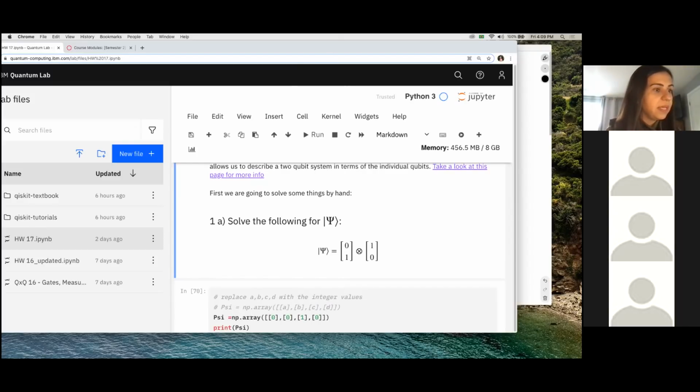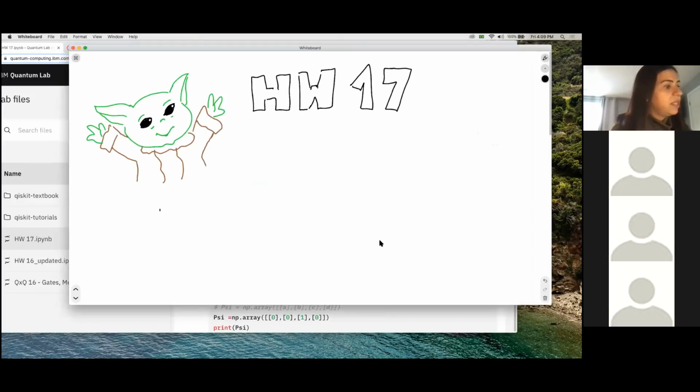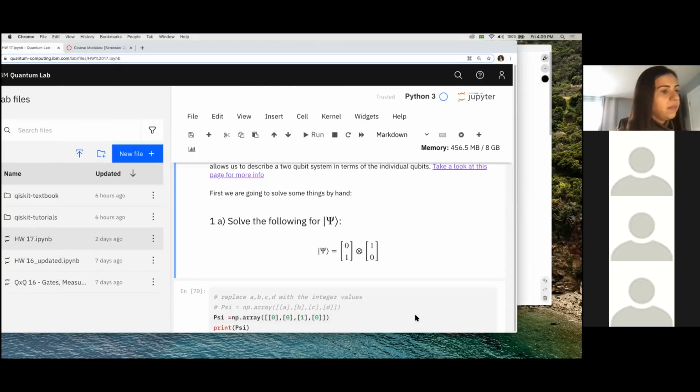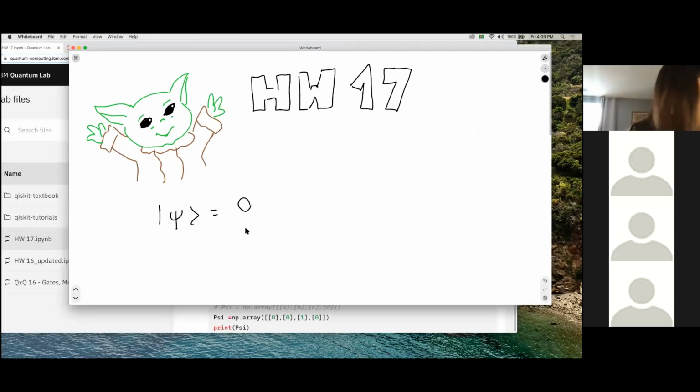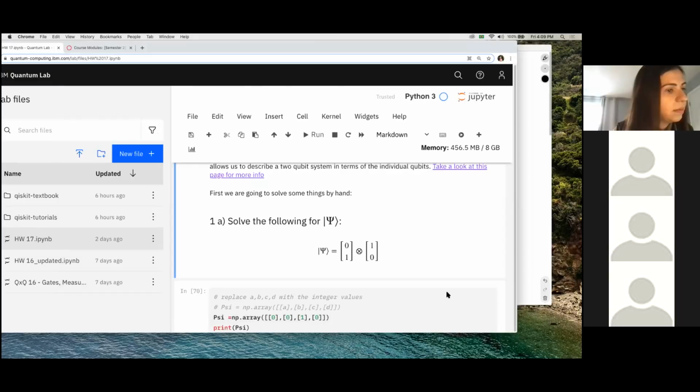First we're going to write the state psi, which is given by 0, 1 tensor product 1, 0, which is not an ordinary product.